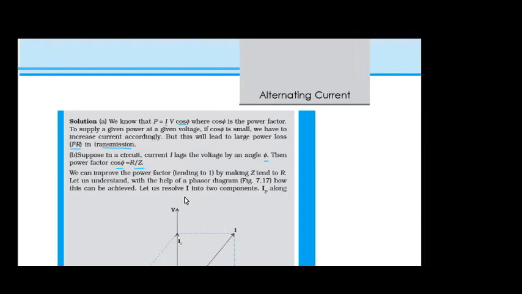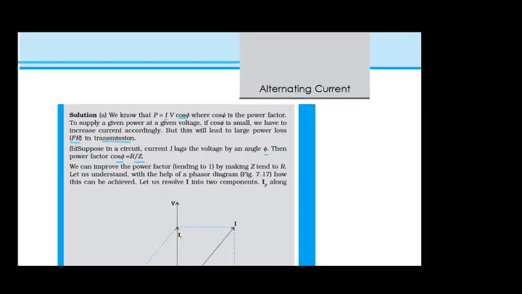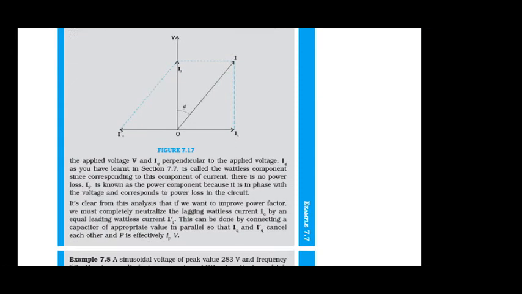Let us resolve I into two components, IP along the applied voltage V and IQ perpendicular to the applied voltage. So here is I, which makes an angle phi with V. So I is resolved into two components.